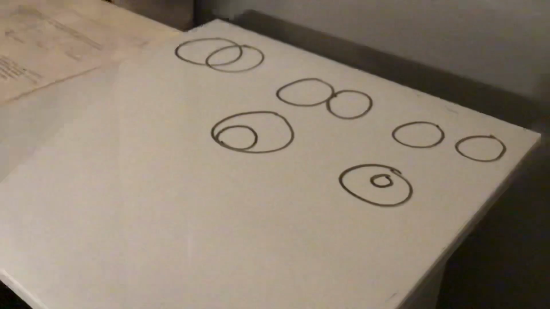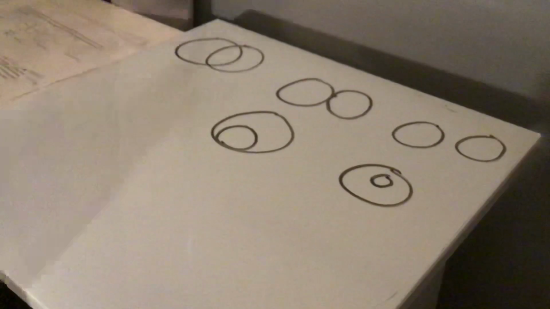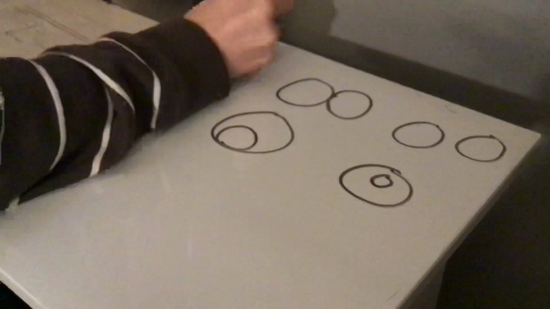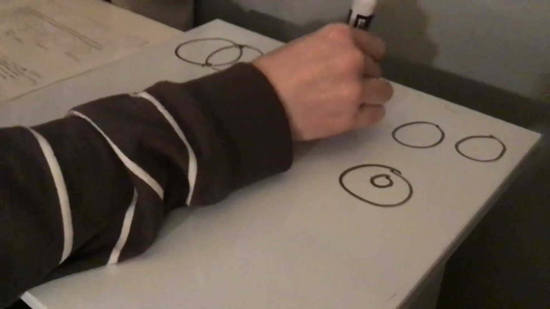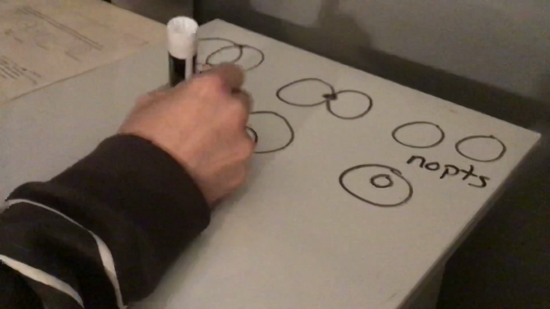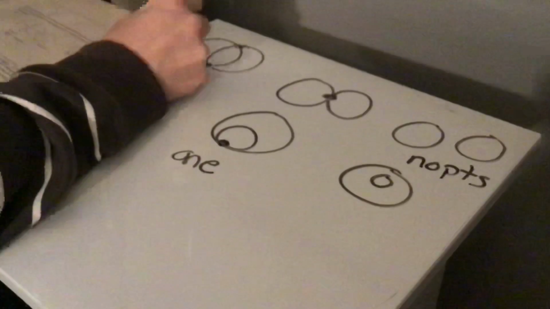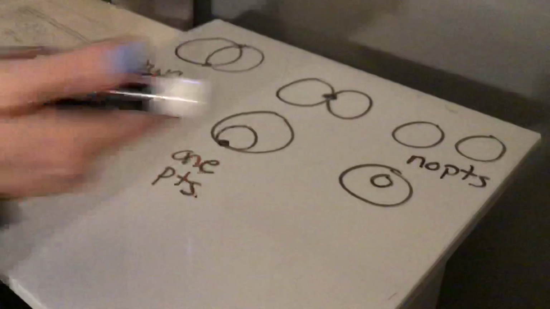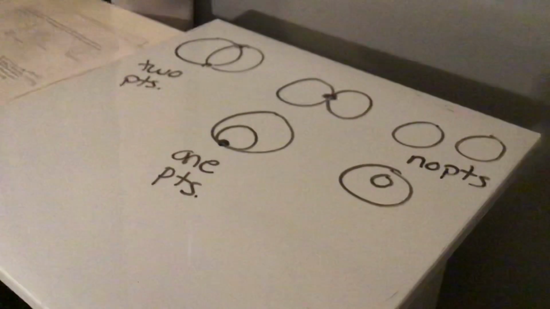Pretend they all look even, I know they're kind of odd looking circles. So 2 points of intersection here, 1 point of intersection, and no points of intersection. Two circles can't intersect more than that. That's it. 2, 1, or none.